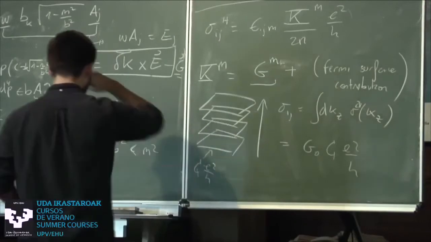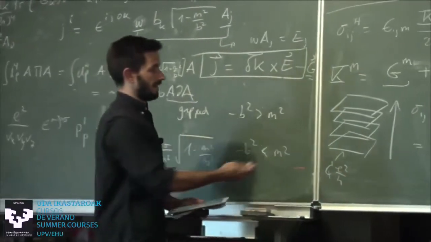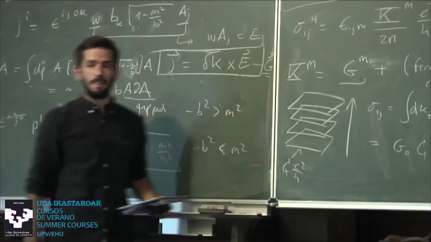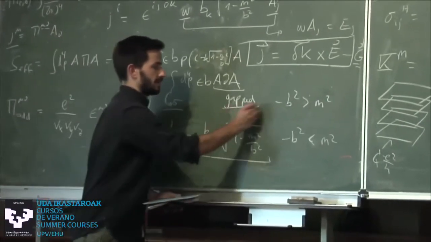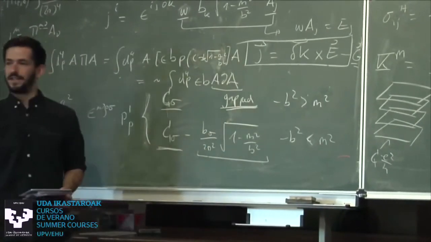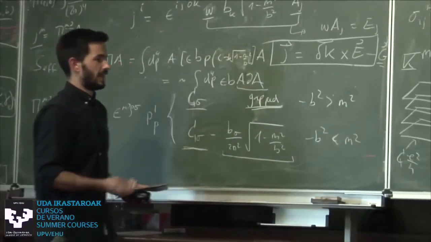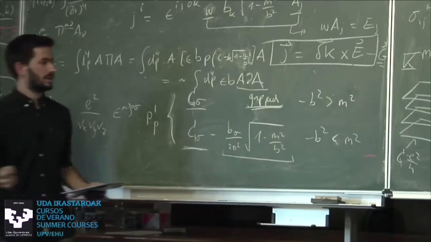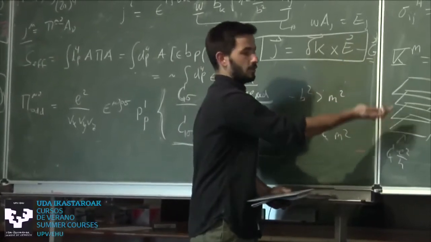So there's always the possibility that you have a 3D Hall insulator. This gapped phase actually secretly knows that it could be a trivial insulator with no Hall conductivity, or it could be a stacked version of 2D insulators.